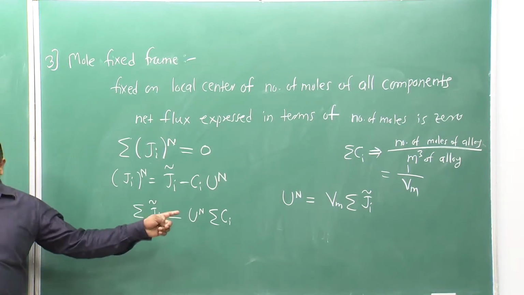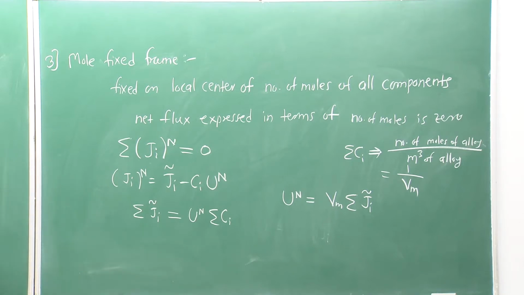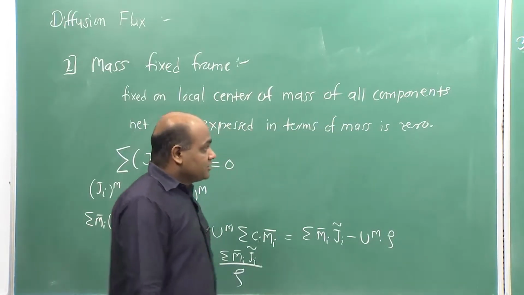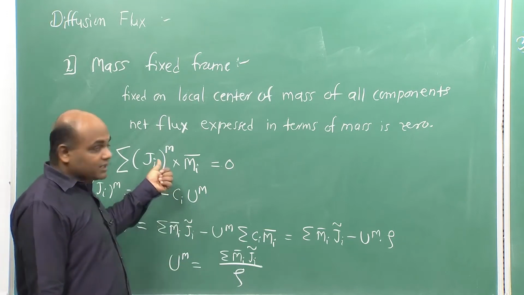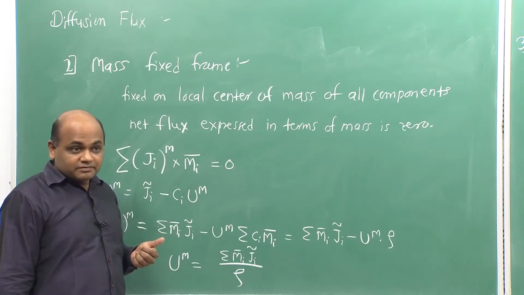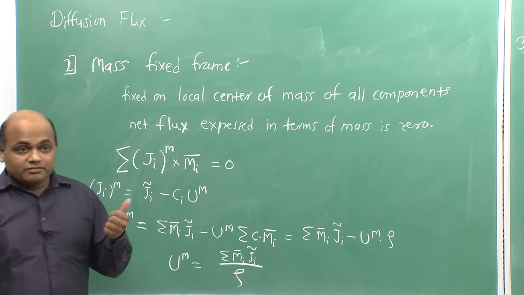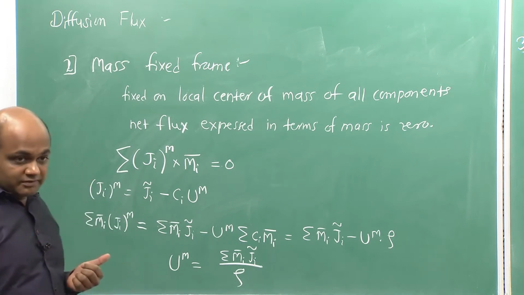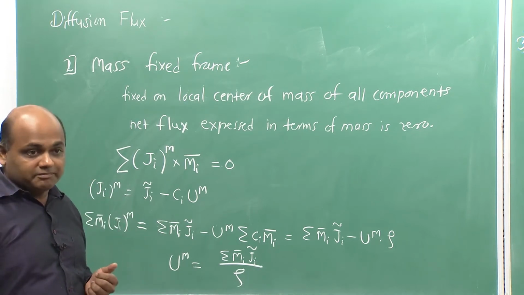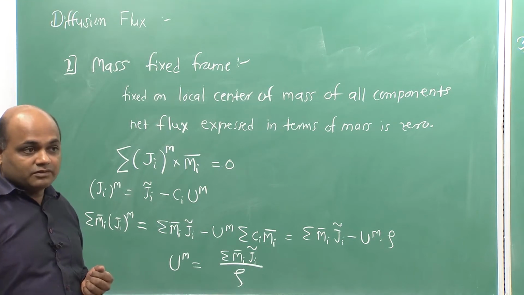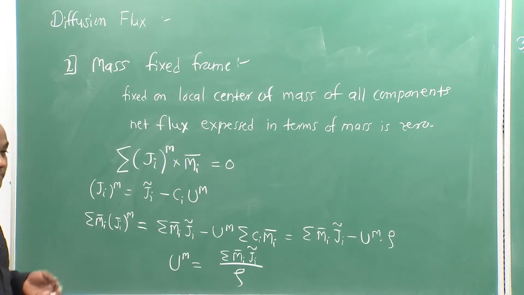So, remember these expressions we are deriving assuming we are expressing the flux in terms of moles per meter square per second or moles per area per unit time. Okay. So, our inherent assumption is typically we express fluxes in terms of moles per unit area per unit time.